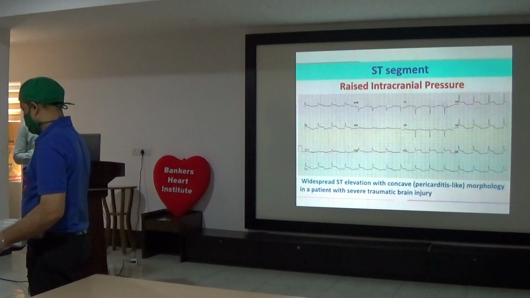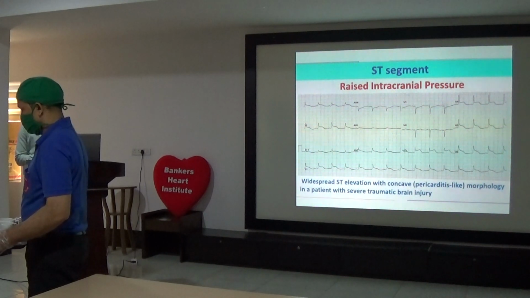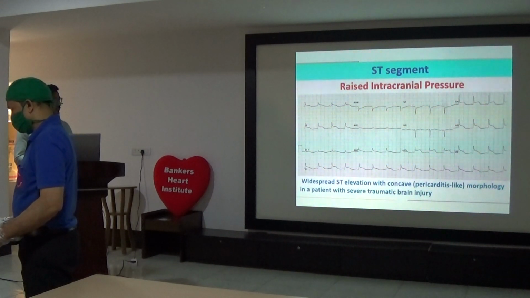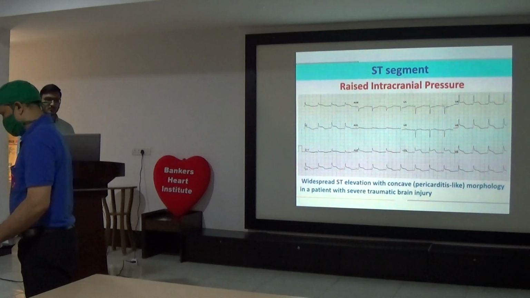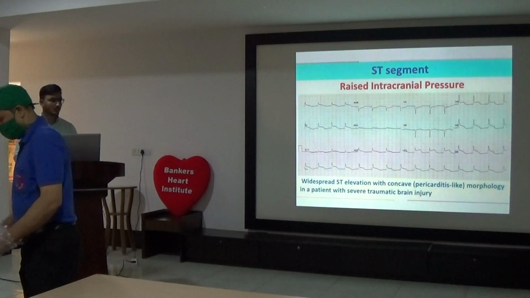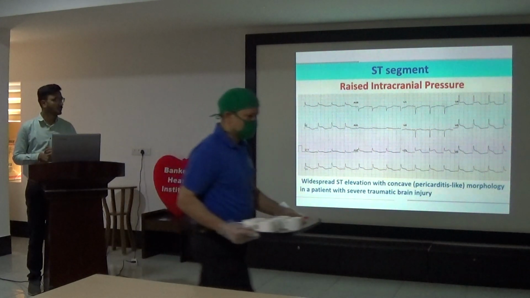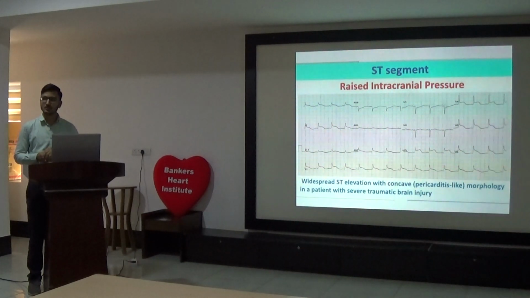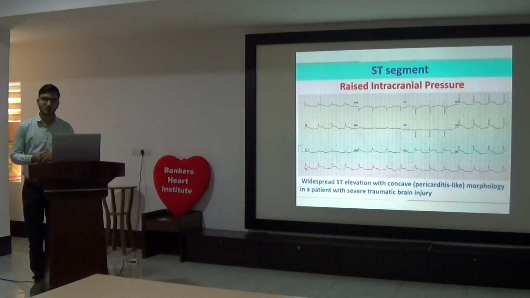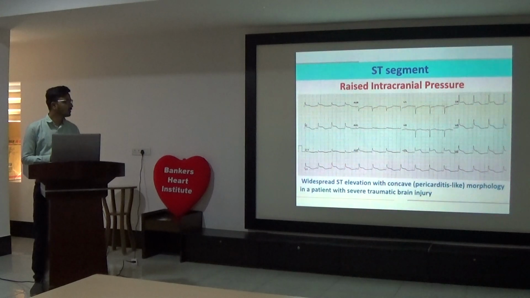So we will note acute MI, but there is no reciprocal ST depression. So what change in this ECG goes against raised ICP? ST segment elevation is seen at all rates. Tachycardia. The pulse rate is high, so you would expect bradycardia.